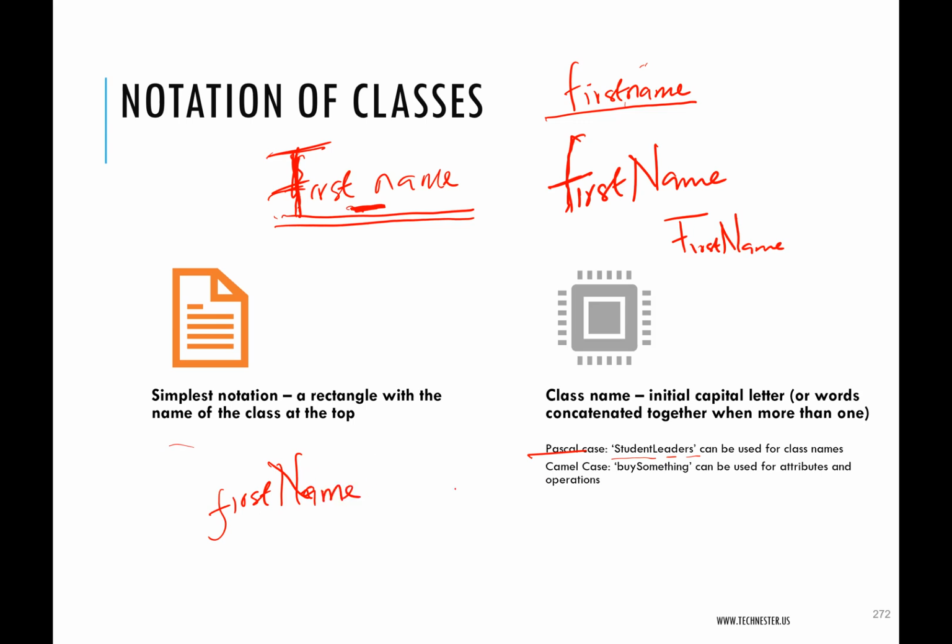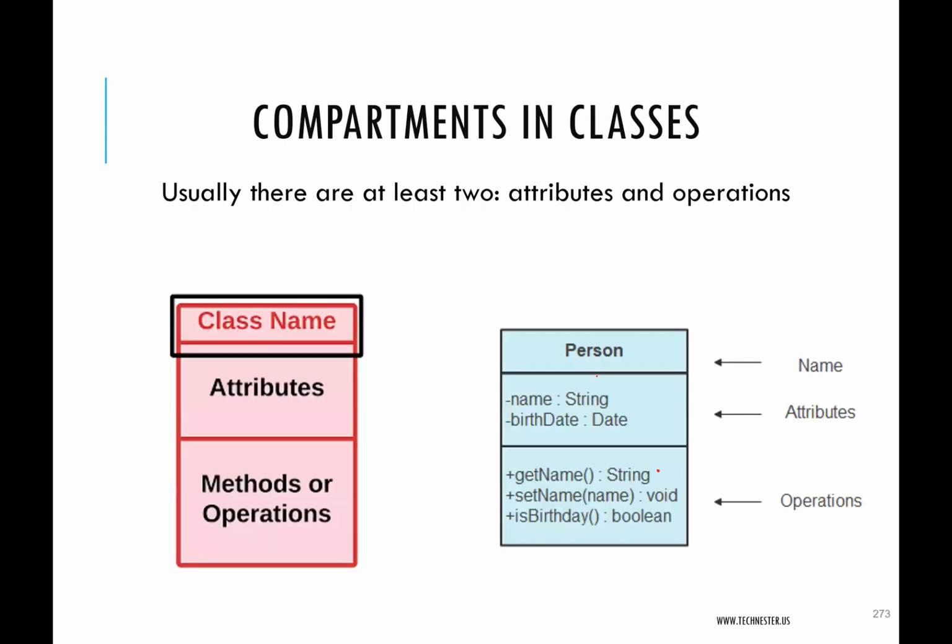So you'd have firstName, if this was an attribute. The name of the class should start with uppercase, preferably using Pascal case if you have more than one word. The other things in the class diagram should start with lowercase, but the first letter of the next word you are joining should be uppercase.